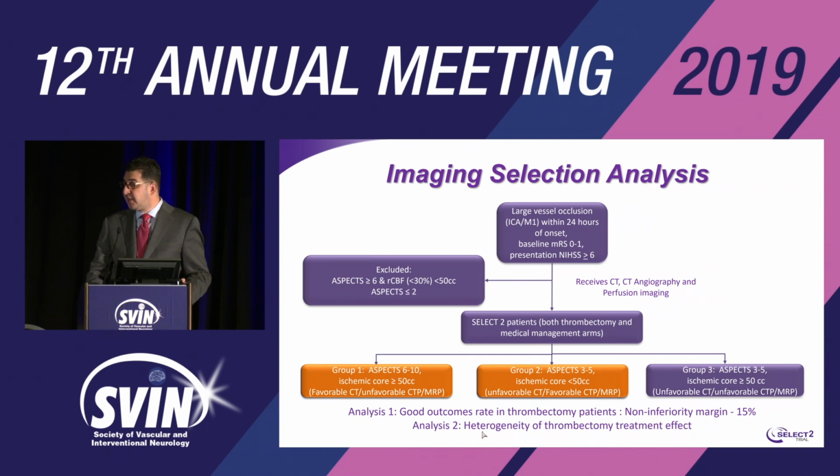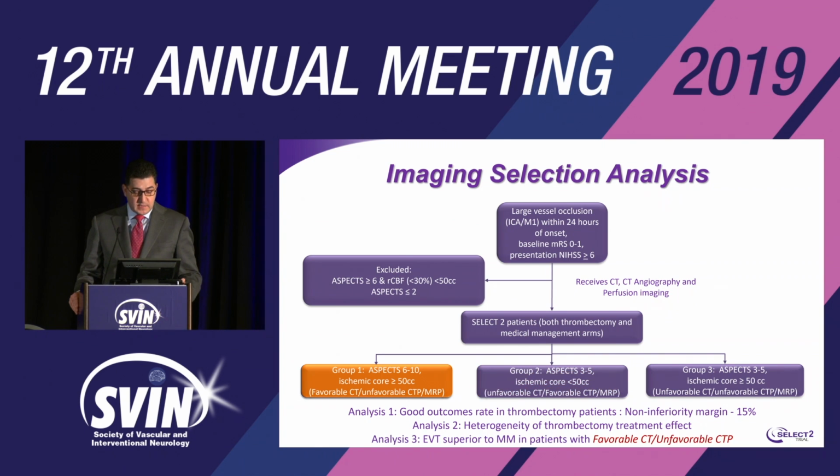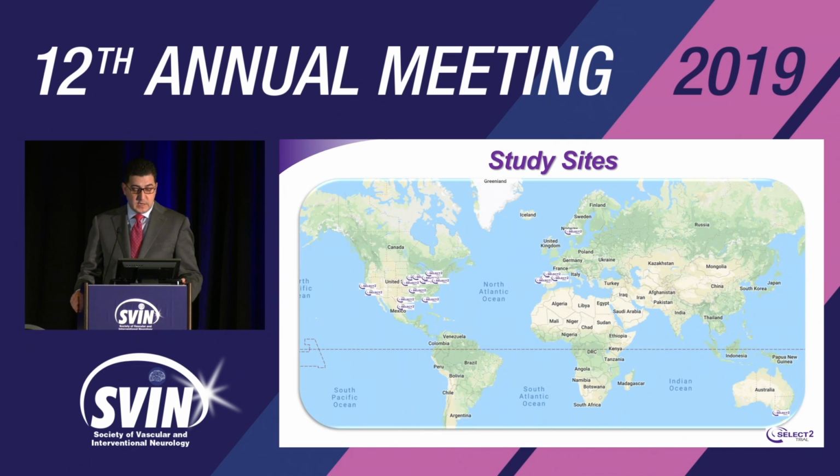Is there a heterogeneity, meaning in the treatment effect of thrombectomy versus medical management? And we're going to have randomized patients here, thrombectomy versus medical management, unlike retrospective analyses and things like that. And if you think about it in the late window, if you have a good CT and a poor CTP and thrombectomy is better than medical management, then CTP findings did not affect your decision and outcome.